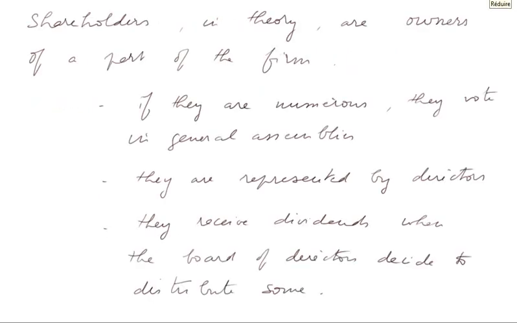Let's look first of all at shareholders. Shareholders, in theory, are owners of a part of the firm. But if they are numerous, they vote in general assemblies and they are represented by directors. They just receive dividends when the board of directors decides to distribute some.